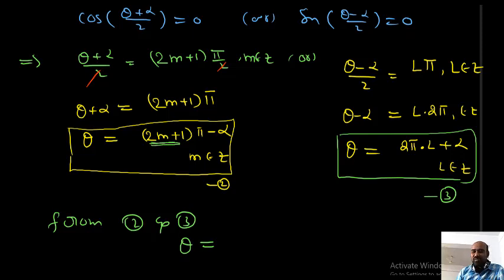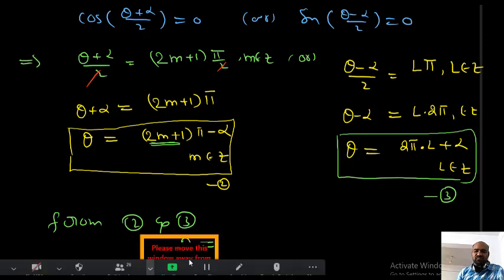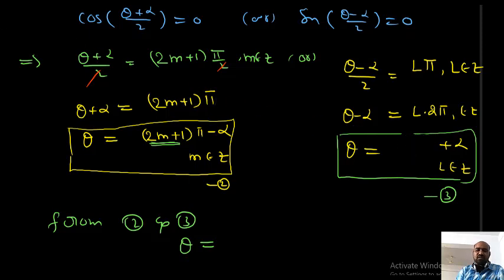Here, even integer into pi, or in other words I can write 2l pi. So what is the meaning of this? This 2l is an even integer: even integral multiple of pi plus alpha, odd multiple of pi minus alpha.